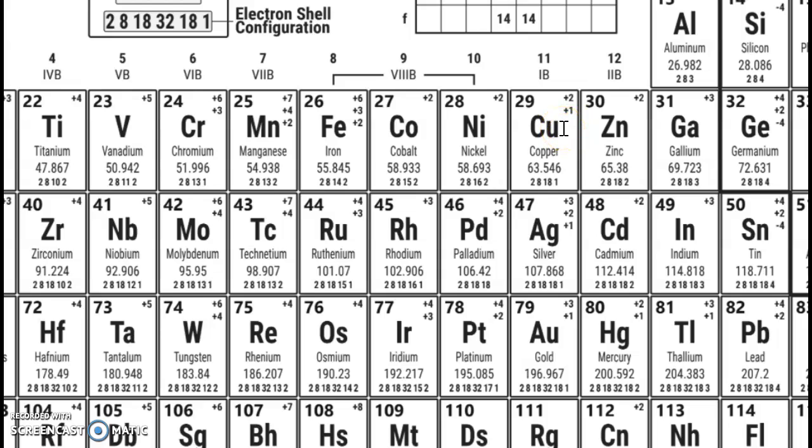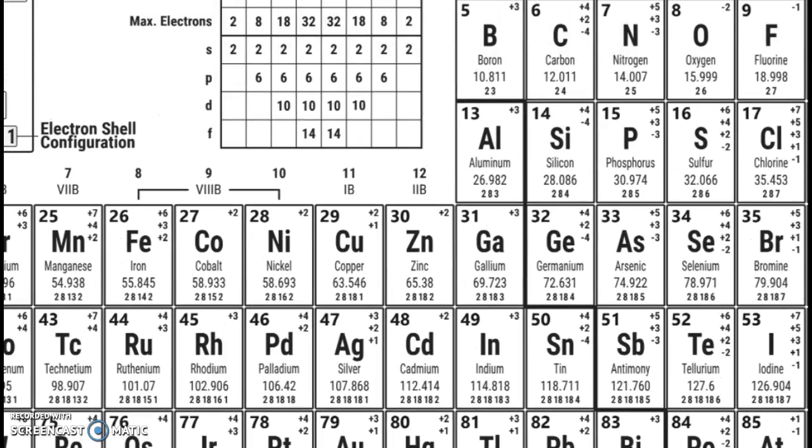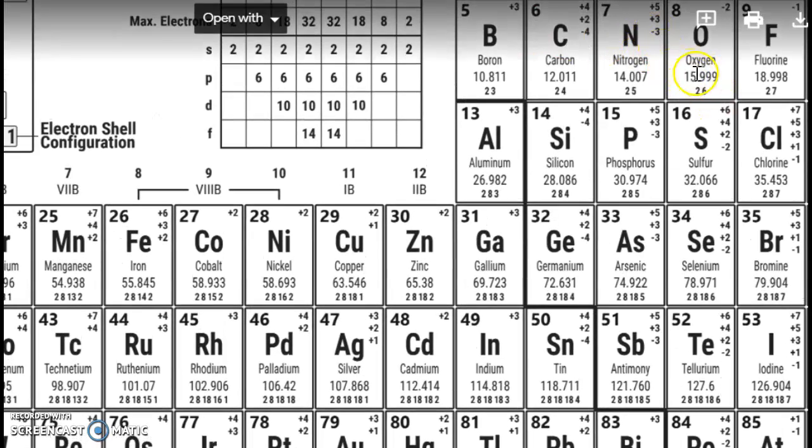Okay, therefore, oxygen, we know that oxygen has a -2 charge, right? Because it's in group 16. So group 16 has a -2 charge. Therefore, it takes 2 copper ions, positive ions, takes 2 copper 1 ions to fill the valence shell of oxygen.